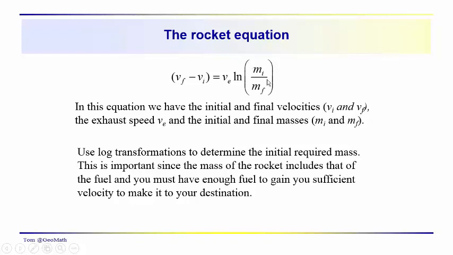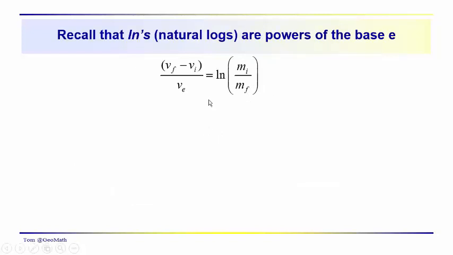Notice that this is a logarithmic expression, so it will require you to use some of your skills that we've reviewed earlier on. And again, it's a key equation to make sure that you have the fuel that you need in order to get you to your destination.